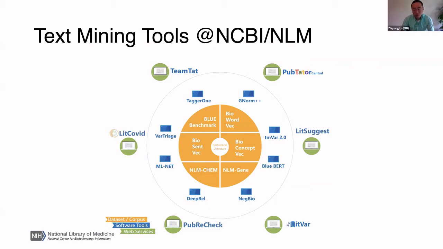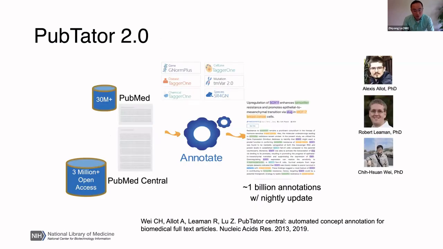And one of the probably best known tools from our group is called Tator, which is a database of annotations of 6 different entity types that include gene, disease, chemical, cell line, mutation, and species. So we developed state-of-the-art tools for tagging those entities in the articles.